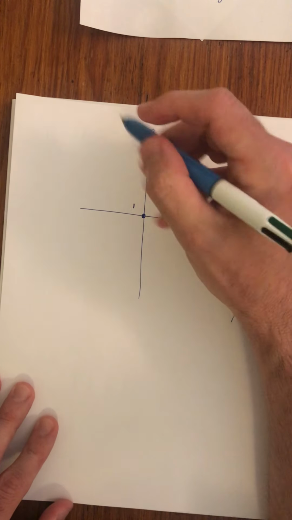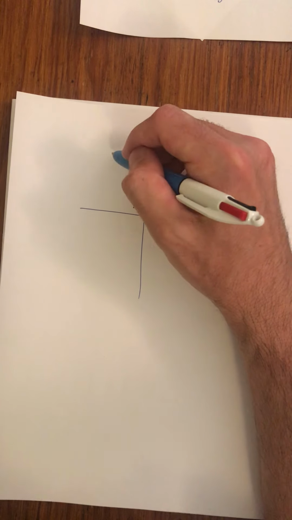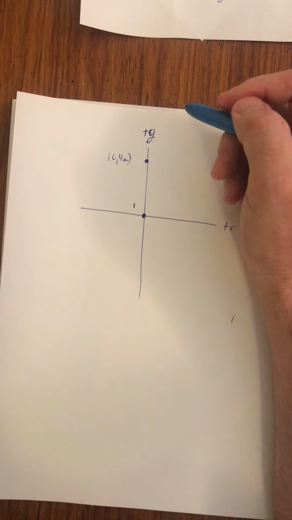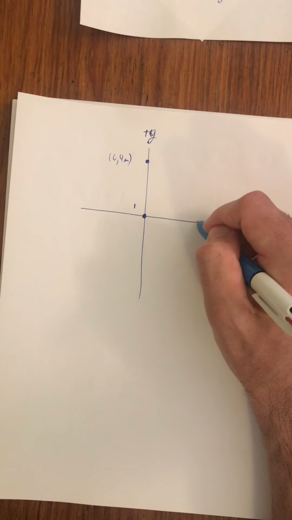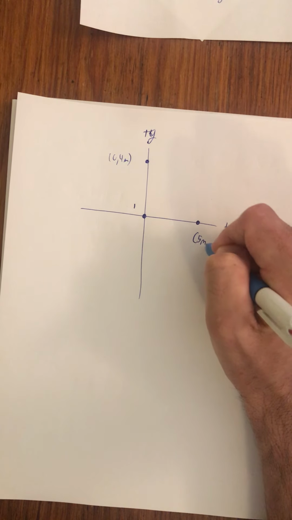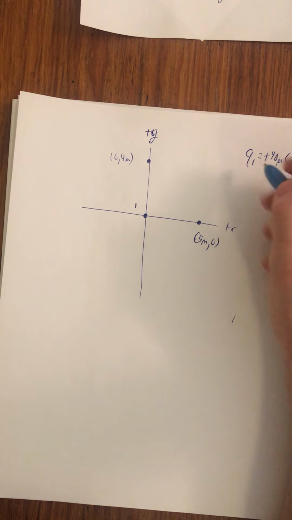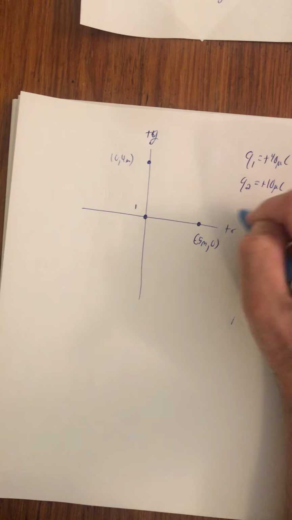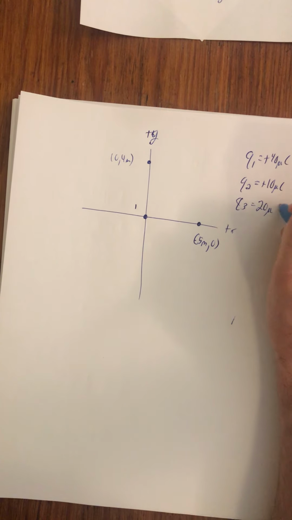I'm going to keep charge 2 where it was, at 0, 4, with the same amount of charge, but now I'm going to move charge 3 over here, at 5 meters, comma 0, with the same amount. So we know charge 1 is plus 40 microcoulombs. Charge 2 is plus 10 microcoulombs, and charge 3 is equal to 20 microcoulombs.